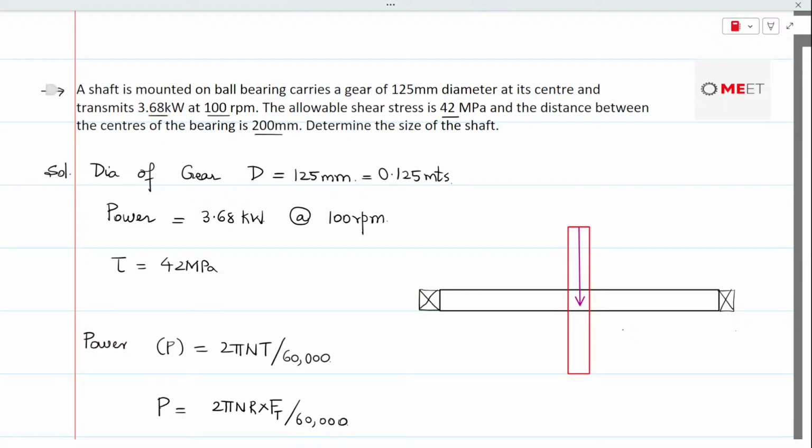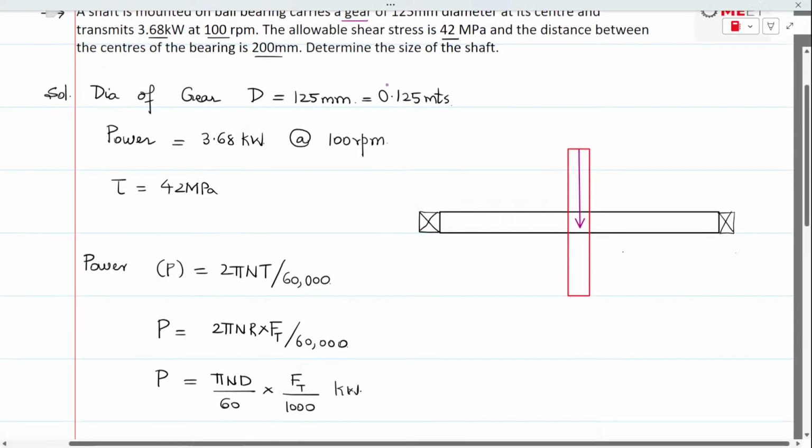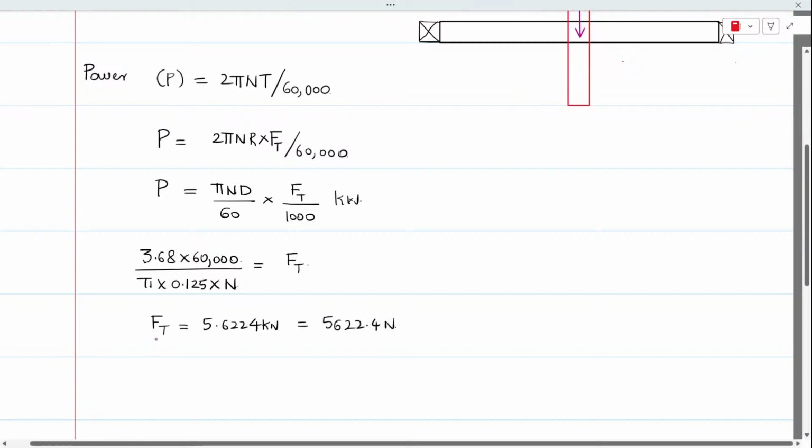Reason is that for the gear, the pressure angle is not being mentioned. So for the sake of simplicity, or you could consider this as a level 1 problem, only the tangential load will be considered for computation of bending moment. Radial force can be ignored as the pressure angle is not given in the question. So we could take this as an elementary problem at the first level.